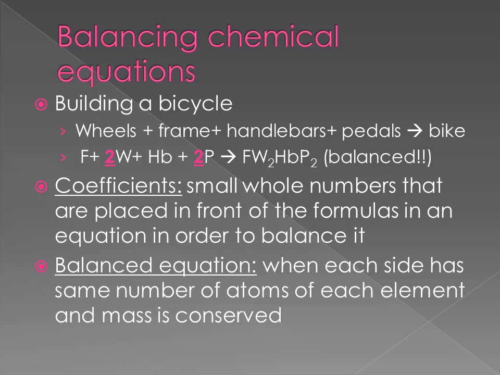You don't need multiple sets to make a regular bike. But when we look at pedals, you have to have two of those, one on each side, because if you only have one, you might be able to pedal in a circle, maybe. And wheels, if you don't have two, then you don't have a bicycle. That's how it got its name. So, let's look at the formula here that I've written down.